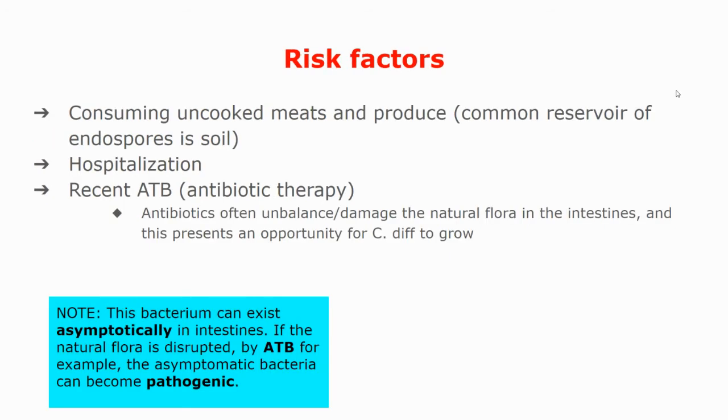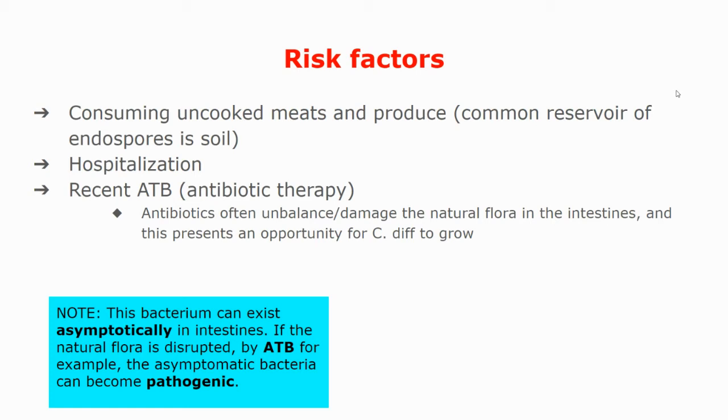So, risk factors for C. diff. Consuming uncooked meats and produce can get you this, because in soil there's a significant amount of C. diff spores. So if you don't properly wash your lettuce, or some meat gets contaminated, you can get Clostridium difficile endospores introduced into your body that way.